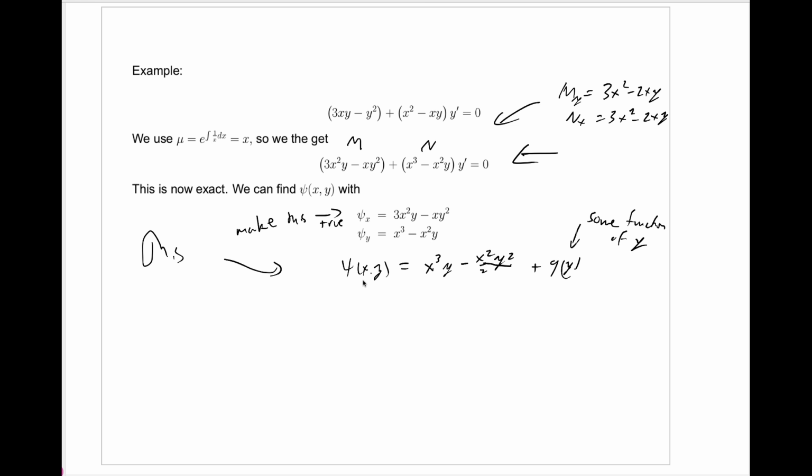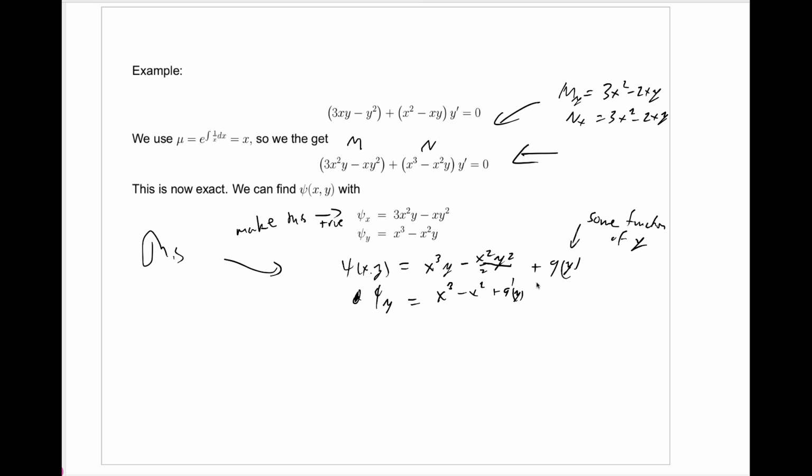Now, how do we make this equation true? Well, c sub y then, the partial of this with respect to y, is going to be x cubed from here, and then we're going to have 2 times x squared y over 2, which is just x squared y, plus g prime of y.